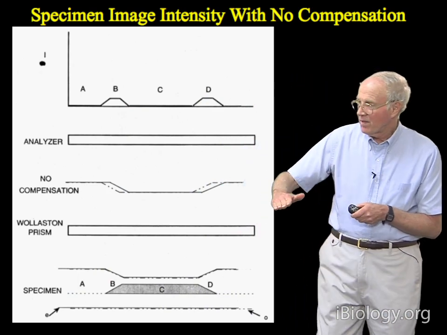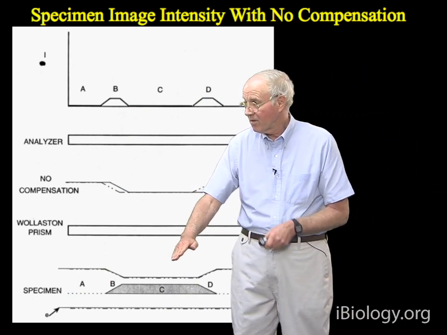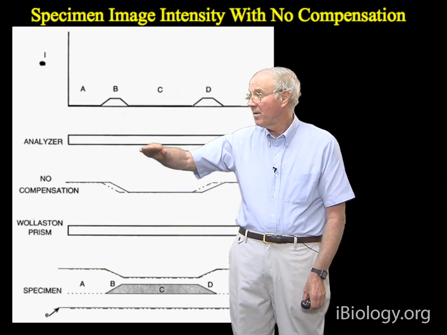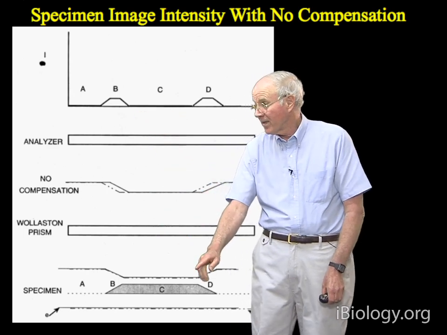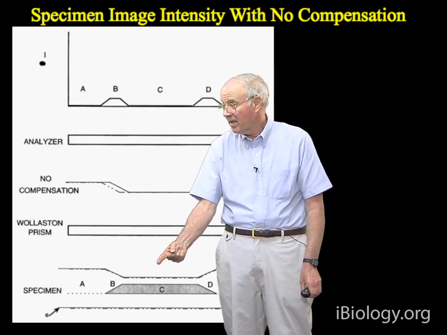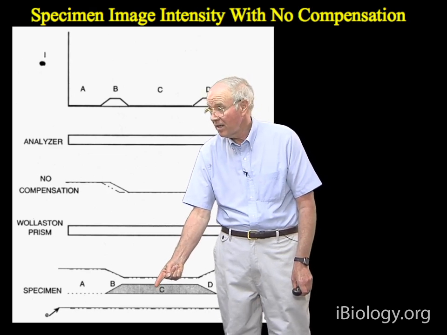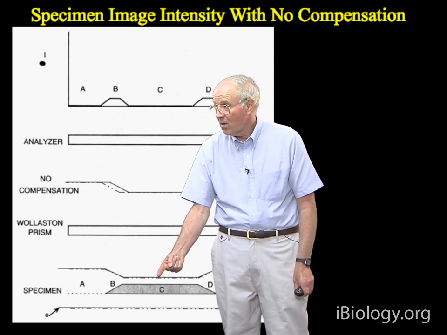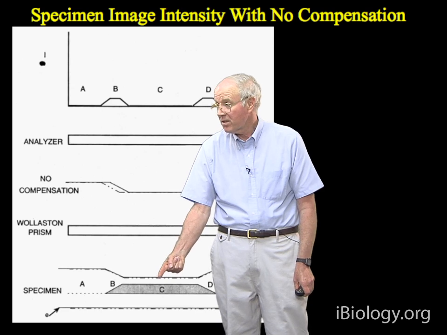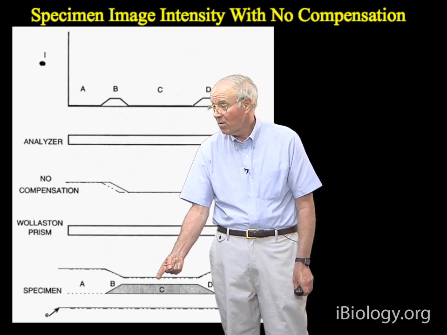So that's the wavefront that's going to come down the microscope axis and up through the specimen. As that wavefront passes through the specimen, because this has a higher refractive index, both wavefronts are going to be slowed down in proportion to the refractive index times the thickness of the specimen, right?